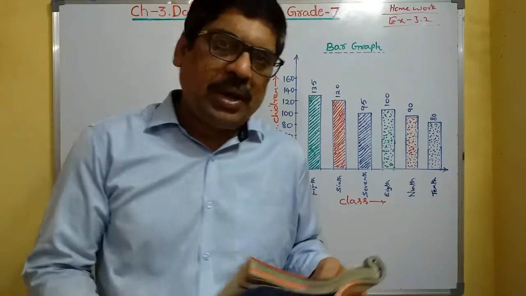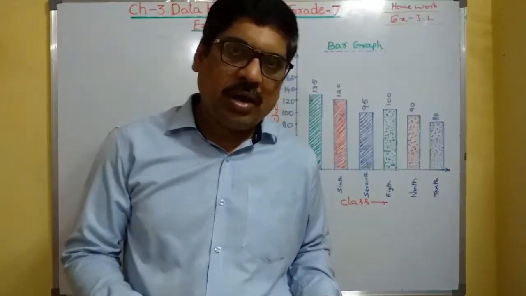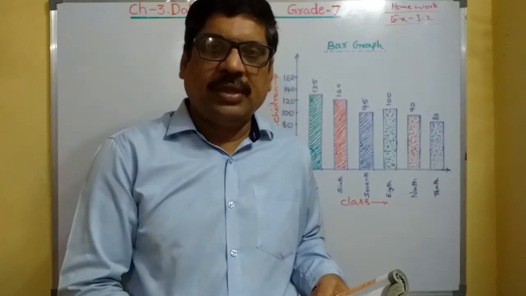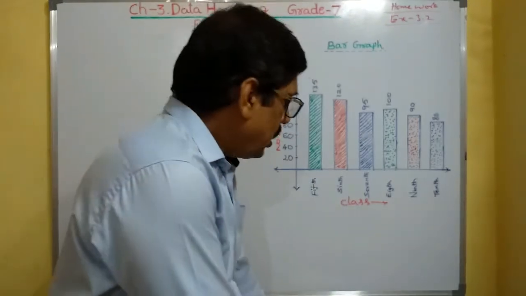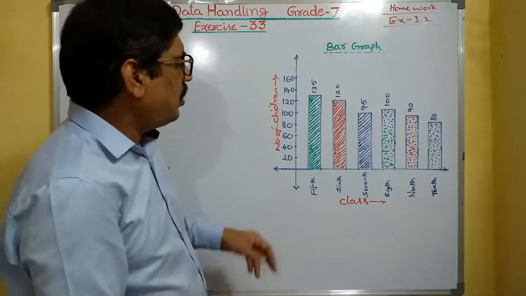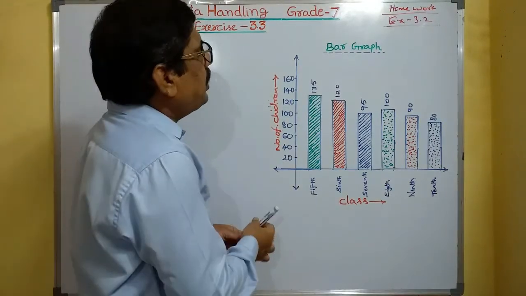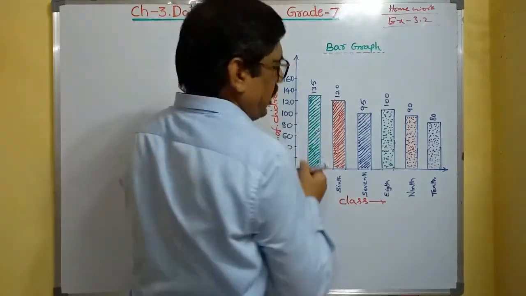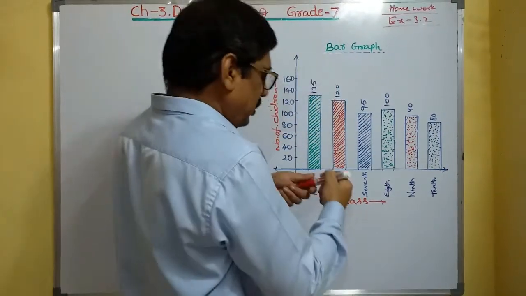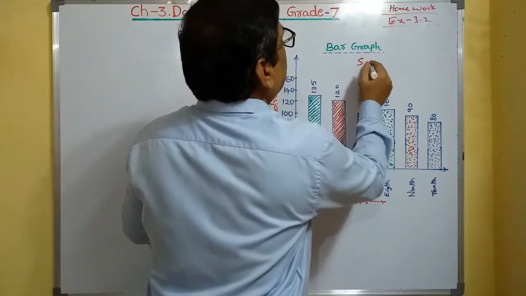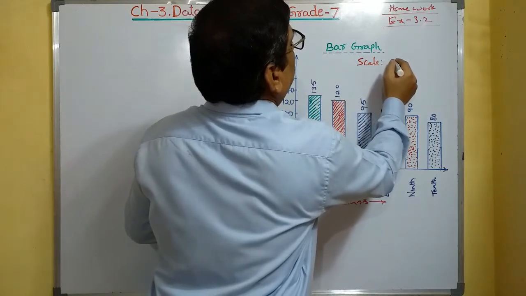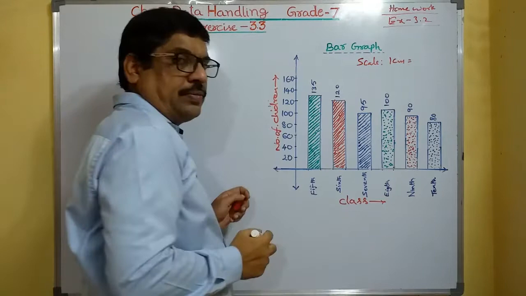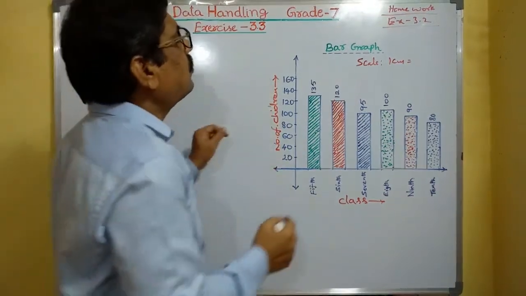Already I have explained how to draw a bar graph for the given information in an online class. So here I made it ready. Here I have taken the scale; let me write the scale at the right corner. Scale: 1 centimeter is equal to 20 units.